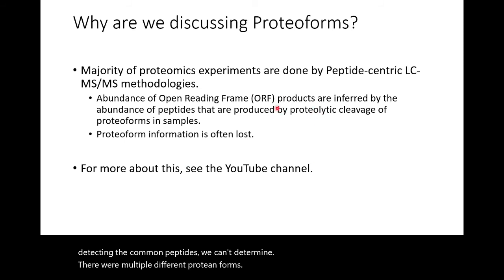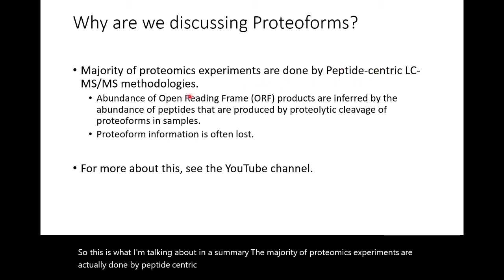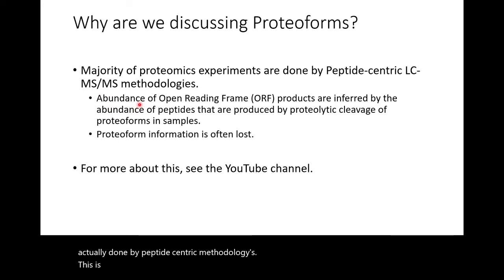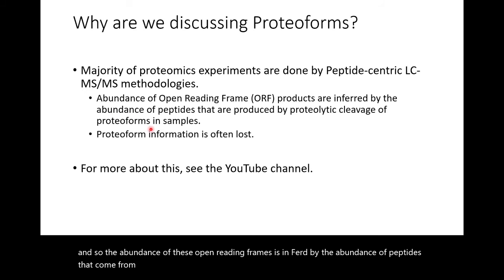So this is what I'm talking about in a summary. The majority of proteomics experiments are actually done by peptide-centric methodologies. This is measuring the abundance changes in open reading frames, not in mature proteoforms. And so the abundance of these open reading frames is inferred by the abundance of peptides that come from the cleavage of proteoforms that are in the sample.